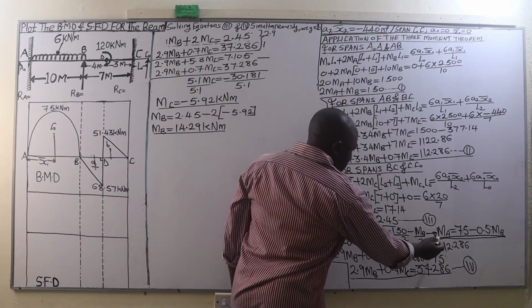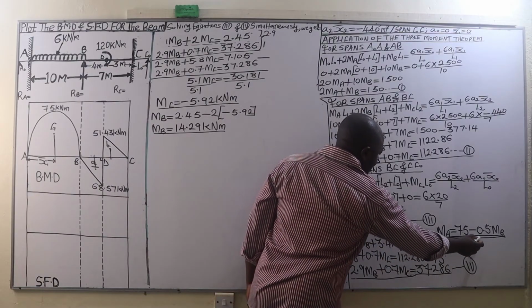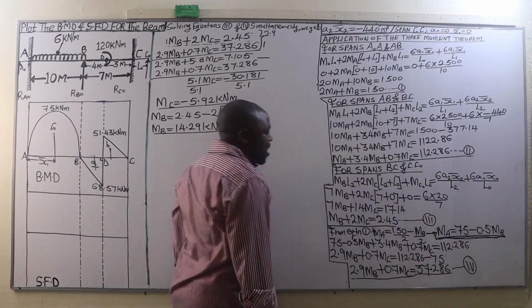From this equation, we have MA being 75 minus 0.5 MB.